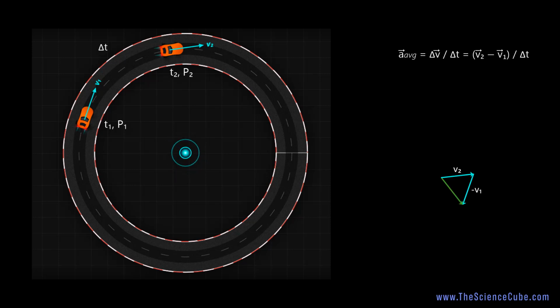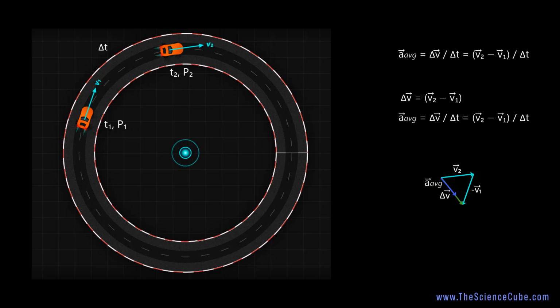Then the resultant is delta v. Now divide that delta v by the time interval delta t to get a average. And you see the direction of a average is the same as the direction of delta v. Remember, average acceleration tells us what happened on average between two points.